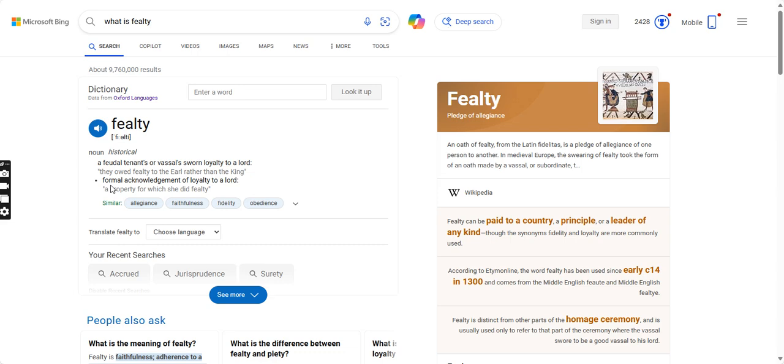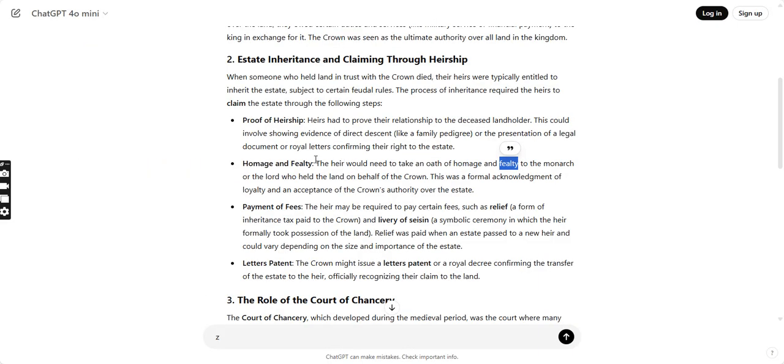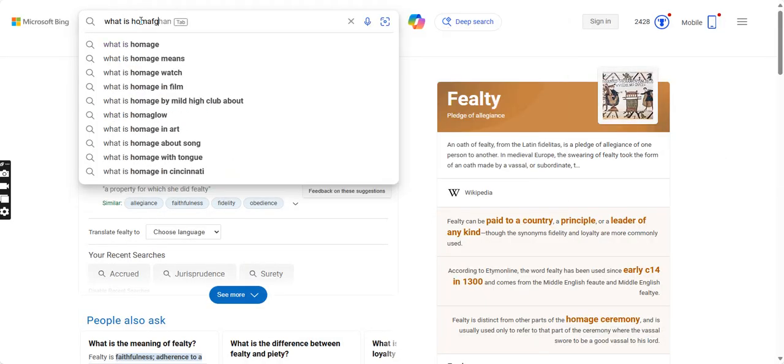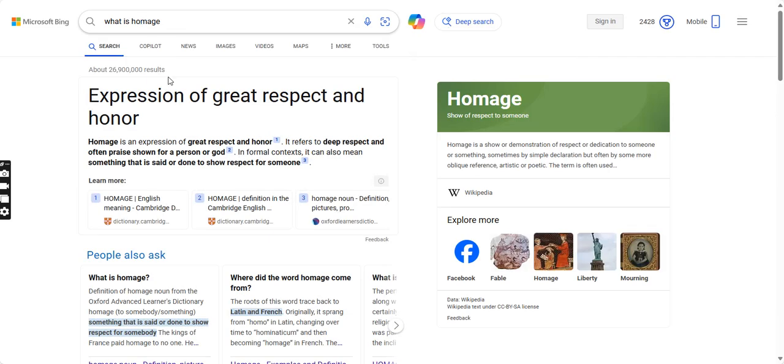Form an acknowledgement of loyalty to a lord. Wow, isn't that interesting? So the heir would need to take an oath of homage. Homage. Let's see, homage. Expression of great respect and honor. An oath of homage.